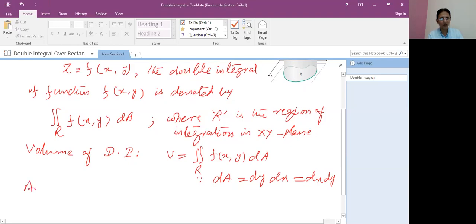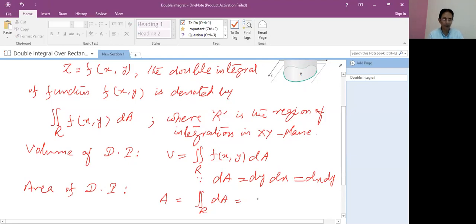Now, what is the area by double integral? It is represented by capital A, double integral over R of dA. It means if you find the area, you don't need the function.